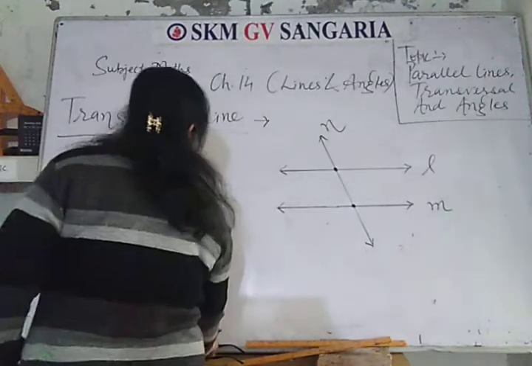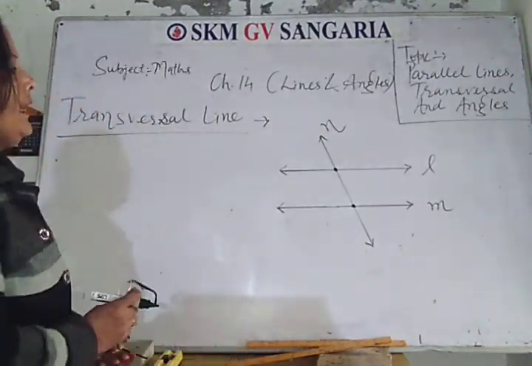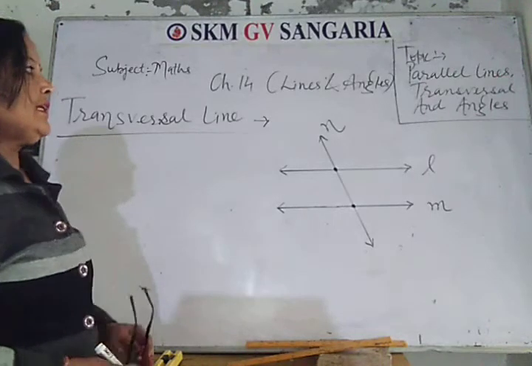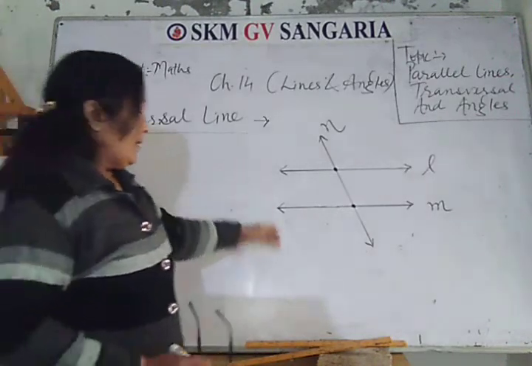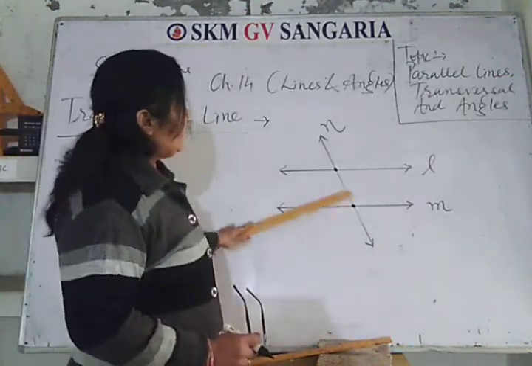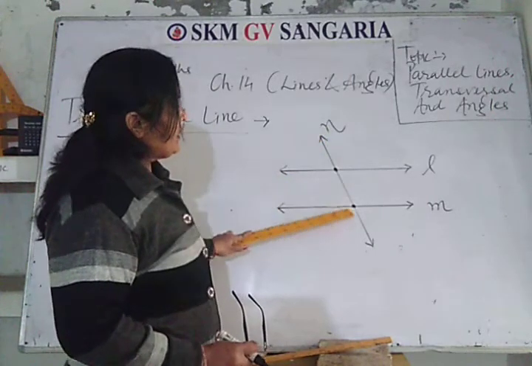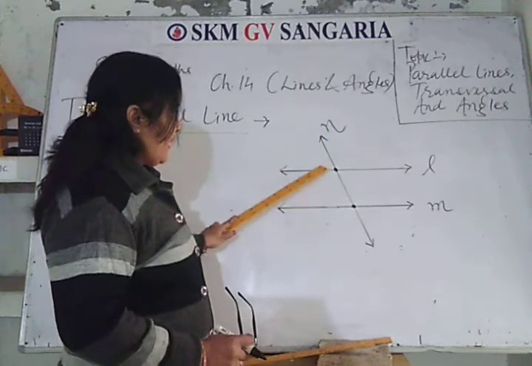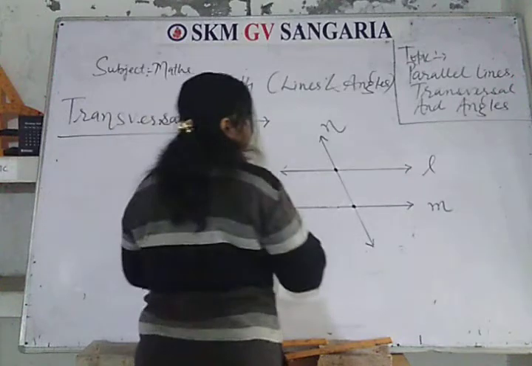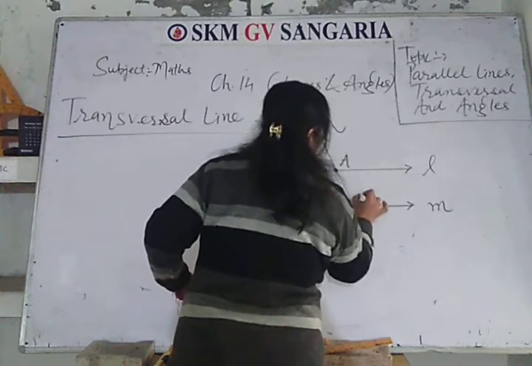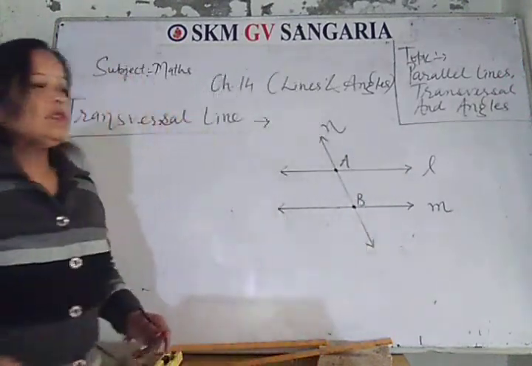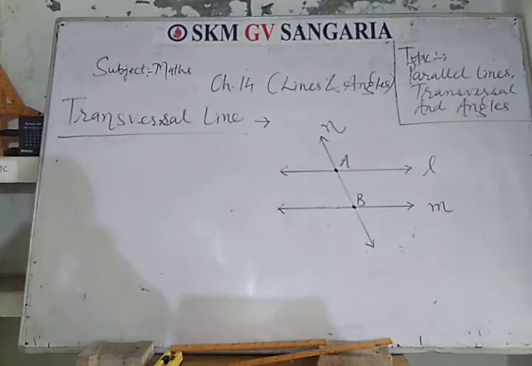Lines L and M are being intersected by the third line N at two distinct points, A and B. So this third line N will be called the transversal line.